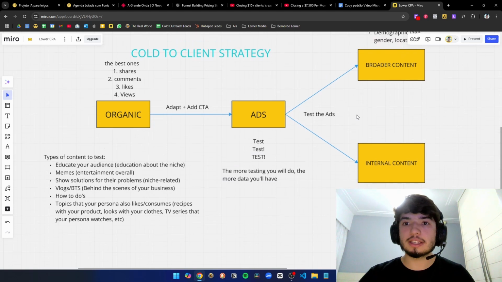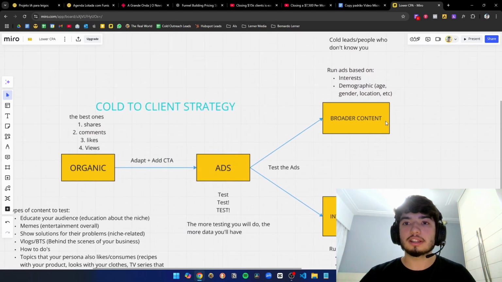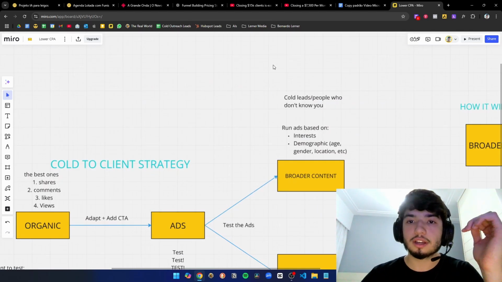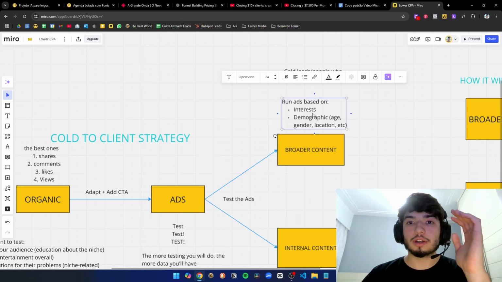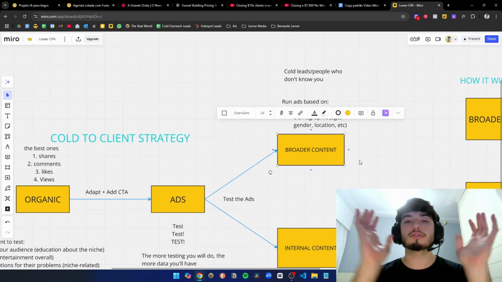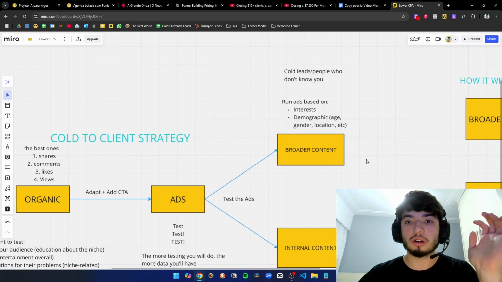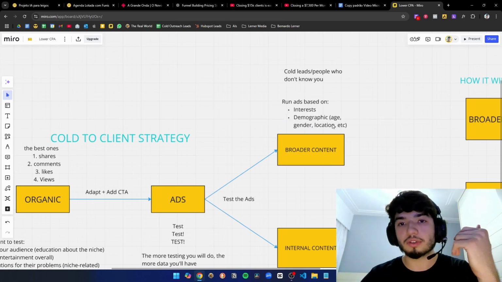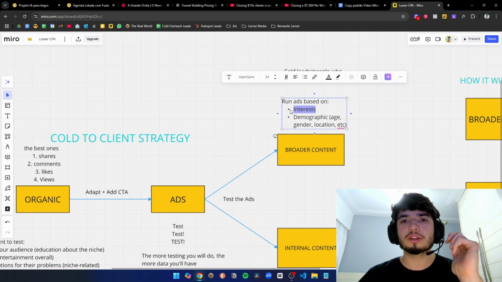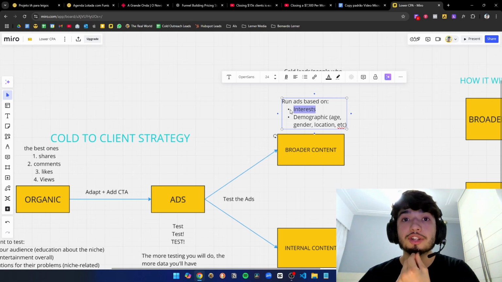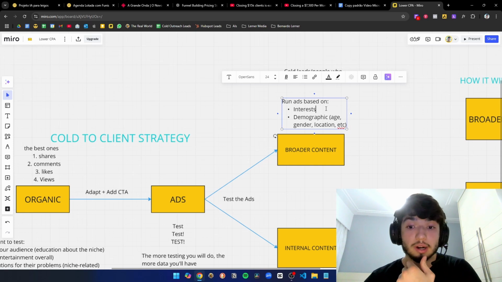So after I tested the ads and made this analysis, you will run ads based on, if it's broader content for people who've never seen your content before, you run based on interest. Interest is like, if you have a clothing brand, or for a better example, you have a shoe company, you run interest on streetwear.